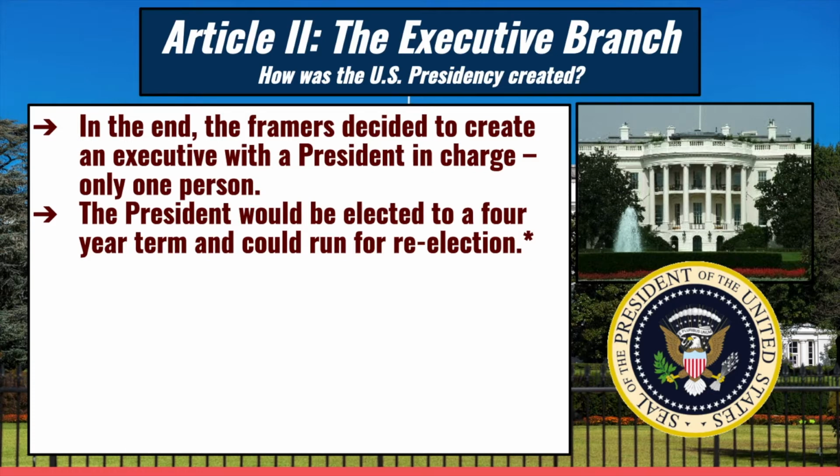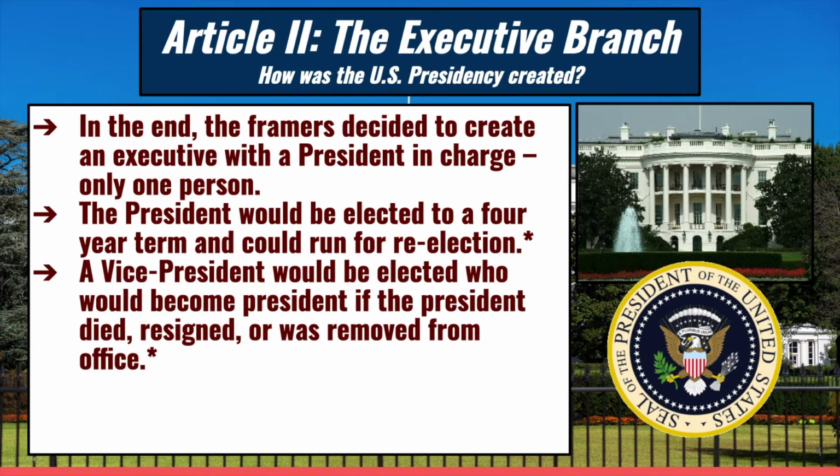No president ran for a 3rd term until Franklin Delano Roosevelt in 1940, and that's because we were in the middle of World War II. But after Franklin Delano Roosevelt died, the Republicans in Congress decided to put a 2-term limit into the Constitution so that no president could serve more than 2 terms again.